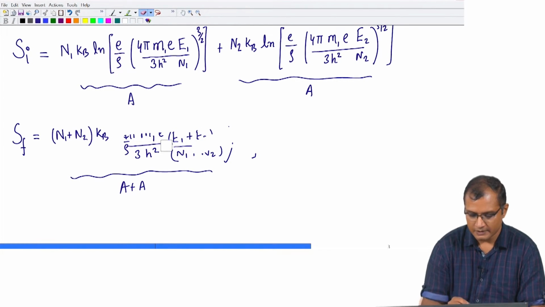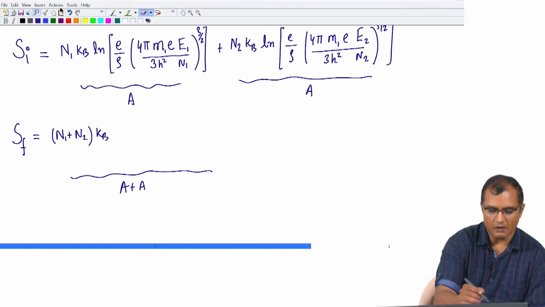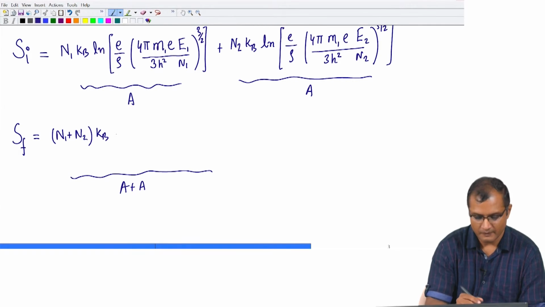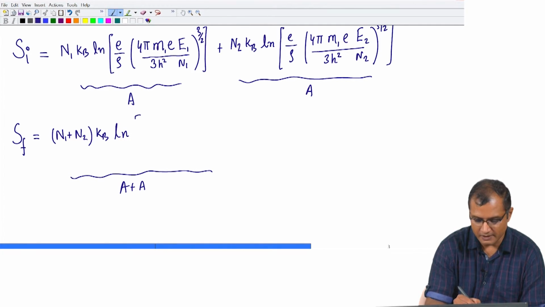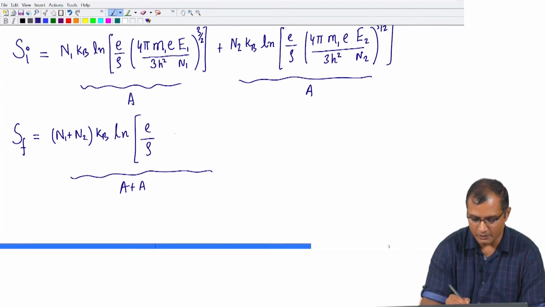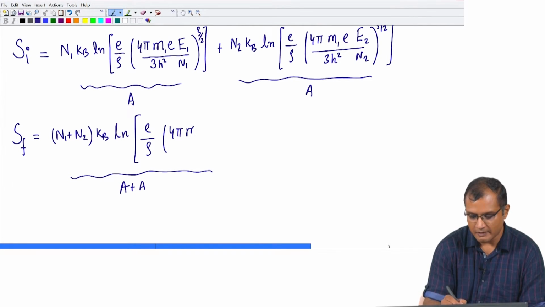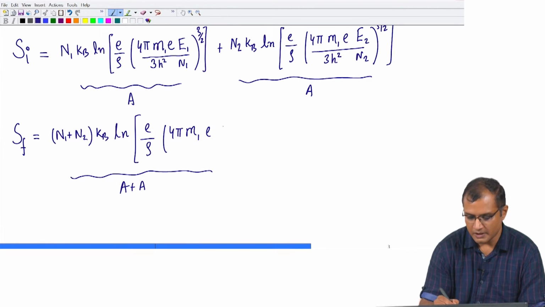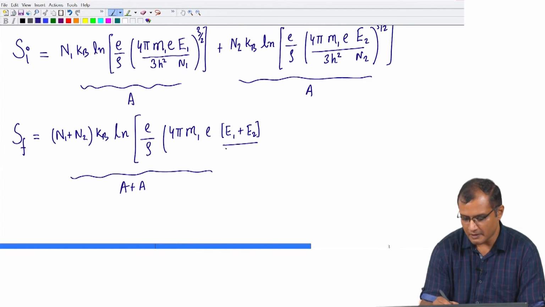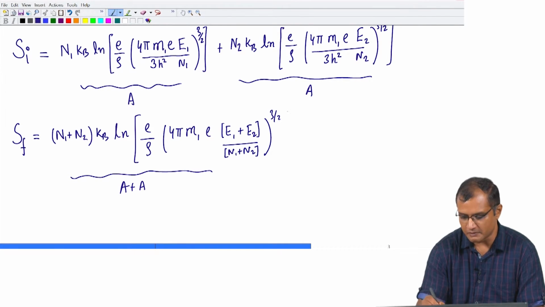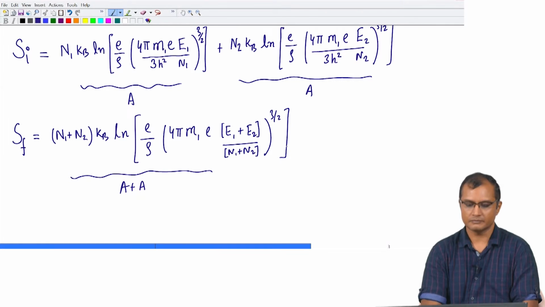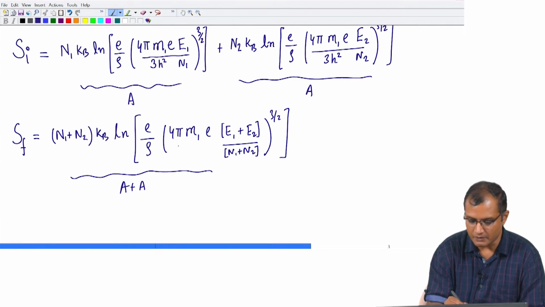I will have to rewrite it again. There is a ln here that was missing, E by rho into 4 pi m1 into E, E1 plus E2 divided by n1 plus n2, whole raised to 3 by 2 half, divided by 3h square here.